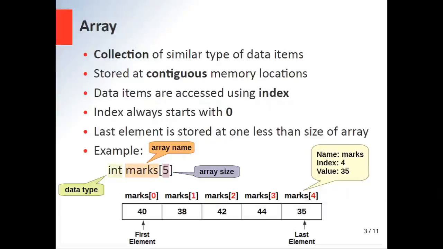So the example, int marks[5]. This declares an integer array of size 5 named marks. So it allocates 5 locations in memory starting from index 0 to 4 of data type integer.